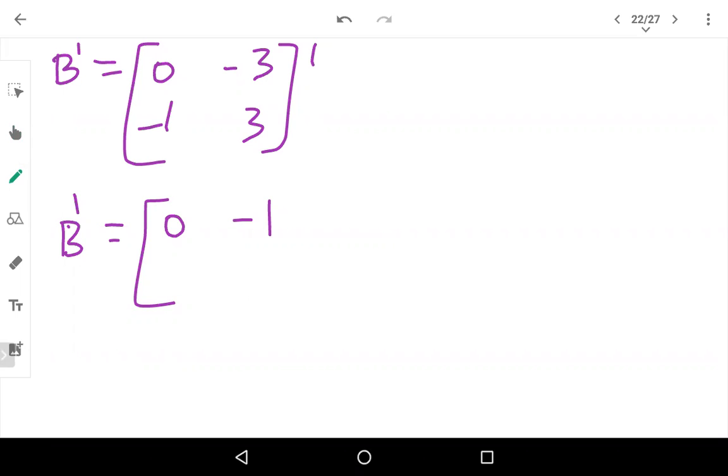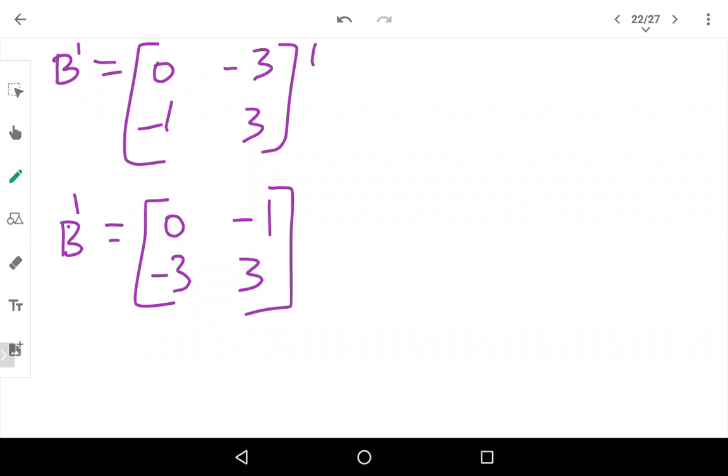And then the second column will become the second row: minus 3 and 3. So this is your A transpose and B transpose. Final answer 2002. Correct, Pujna.